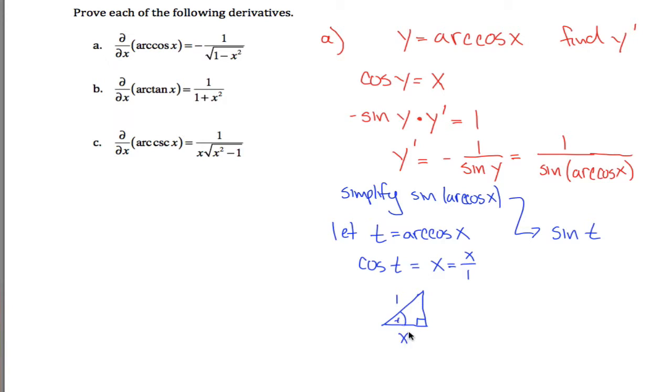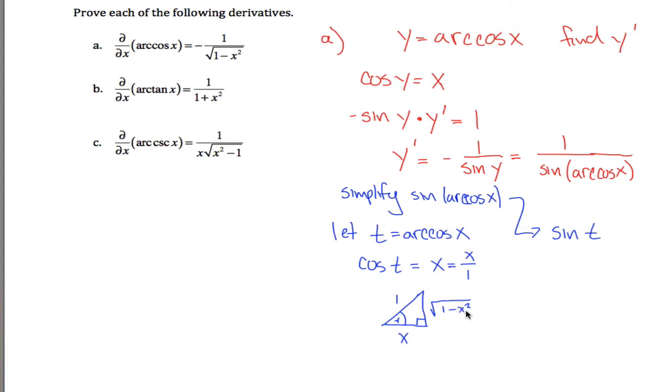I can figure out the opposite length. I need x squared plus something squared to equal 1. So 1 minus x squared has to be this thing squared. So this side has got to be equal to the square root of 1 minus x squared.